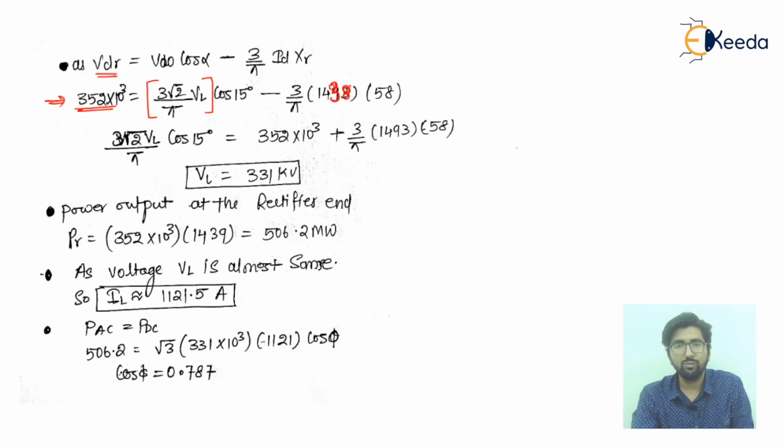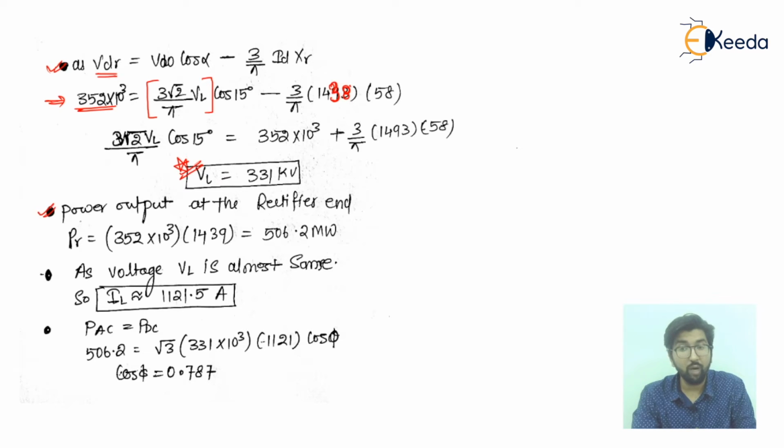Calculate these values and simplify with just a rearrangement, and you are going to get VL equal to 331 kilovolt. That is 331 into 10 raised to power 3 only. So up to VDR, or you can say the VL, we have derived.